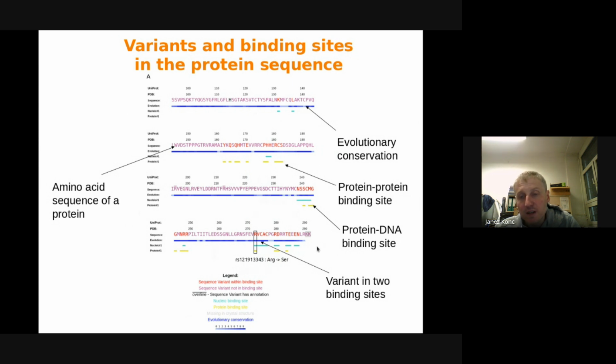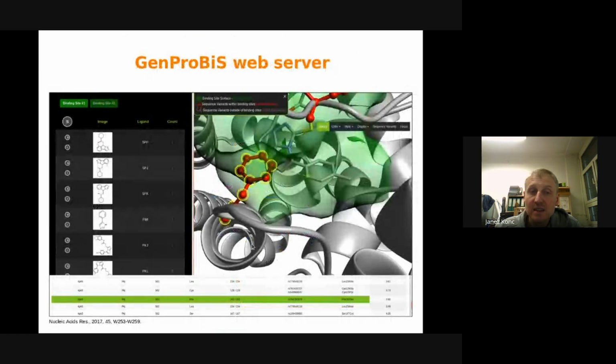For example, here we can see this arginine, R, sequence variant is actually in two binding sites: a nucleic acid binding site and a protein binding site. So this one might be very dangerous. Arginine to serine is a big change, and this sequence variant is in two different binding sites, so it might affect binding of two different ligands. This might be a problematic sequence variant.